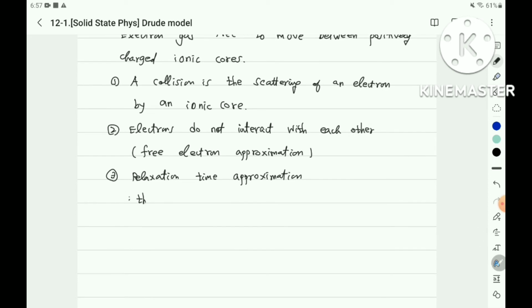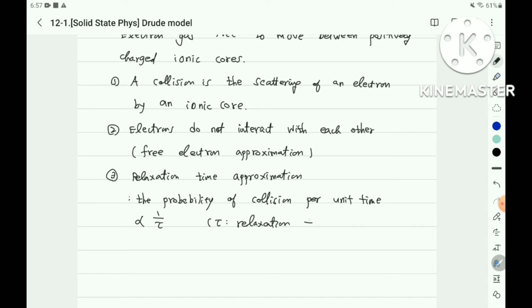The probability of collision per unit time is proportional to the inverse of tau, where tau is the relaxation time.